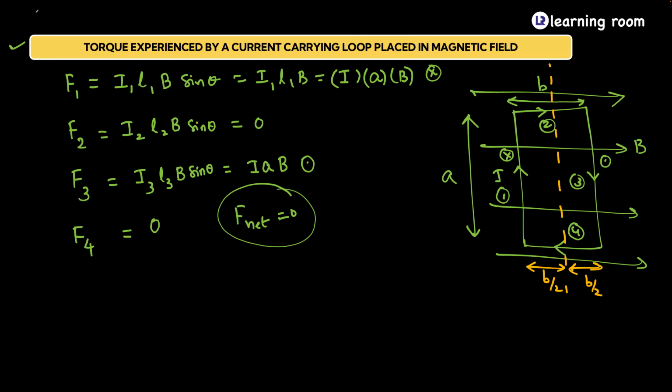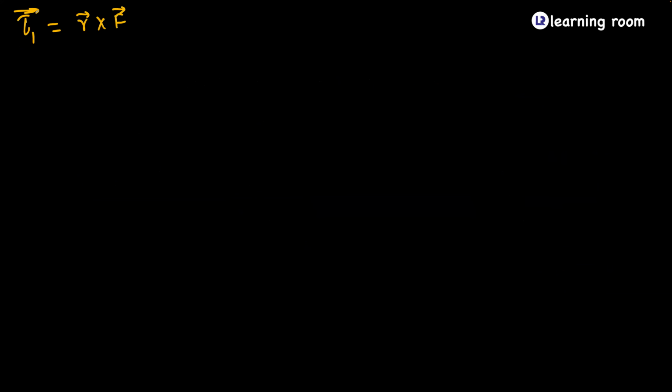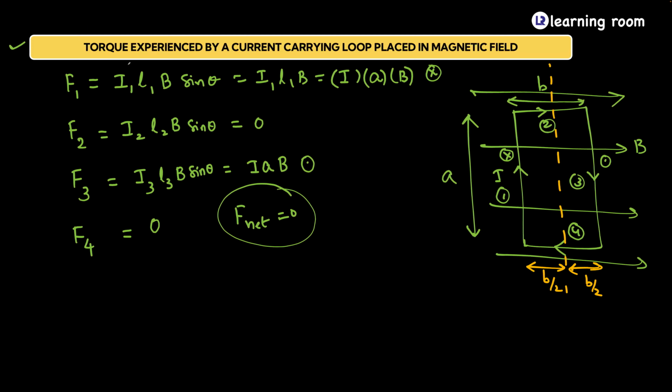So it is going to be b by 2 i cap cross, what is going to be the F vector? F vector is going to be IAB minus k cap.